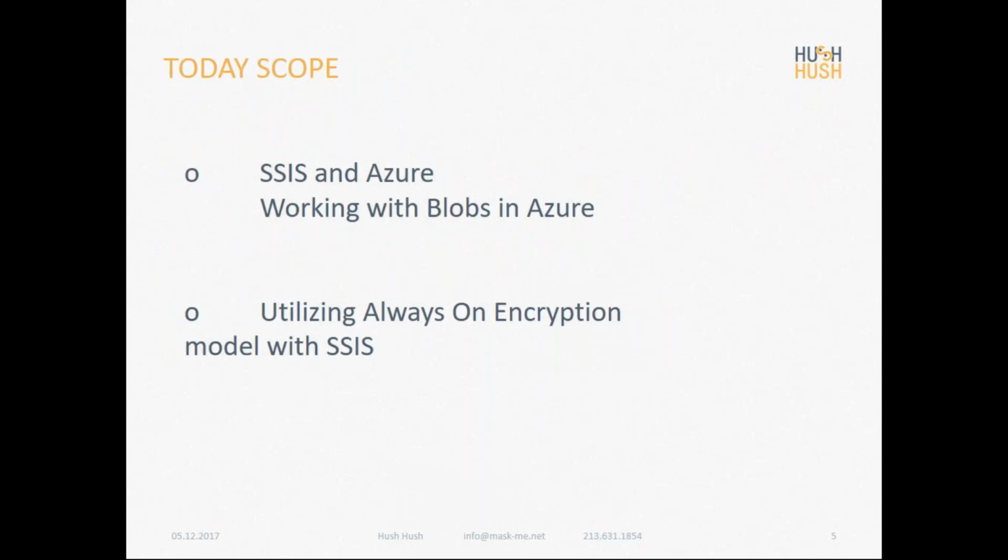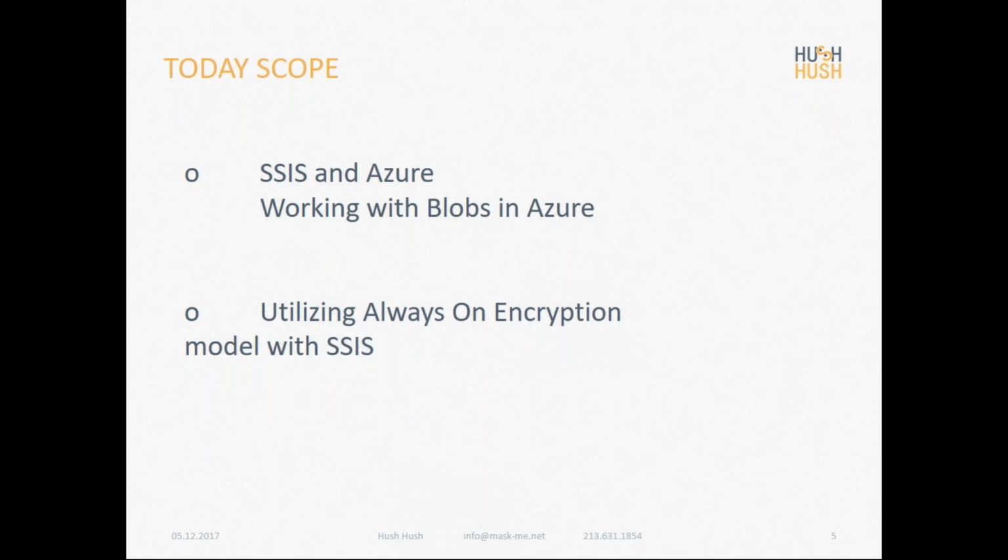As I said, today's scope is SSIS and Azure, working with blobs in Azure, and utilizing the always-on encryption model with SSIS. As such, I will have to tell you first what blobs are, how to create them, and then I will show you how to update blobs.